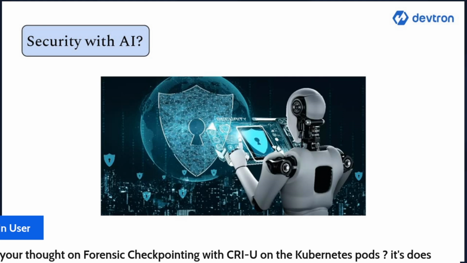Do you have any thoughts on this? I have little to no experience with forensic checkpointing. Yeah, even I have not delved much into the forensic science part of security, but at least from the name, I'm understanding that container signing might be one of the ways of implementing what Suman is trying to talk about.